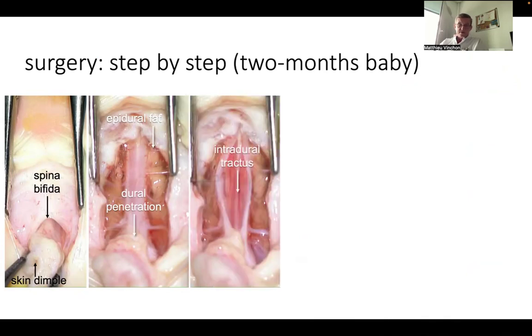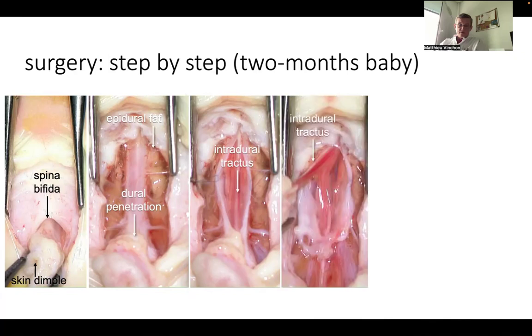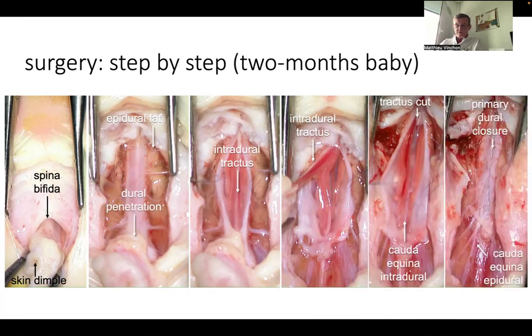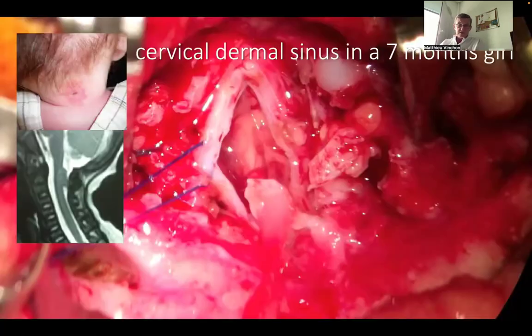We incise the dura mater above the fistula, then around the fistula to free the intradural tractus. Then it is dissected and removed, and the dura is closed in a primary suture. So this is not very complicated surgery, but it should be done early.